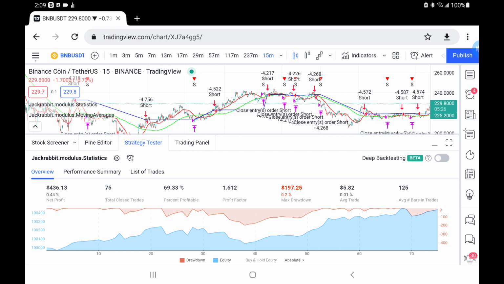The amount that you pay in fees, even though you only have 75 trades. That doesn't sound like much at 0.2%. But as you can see from the actual numbers, that is $300 off of your profit.